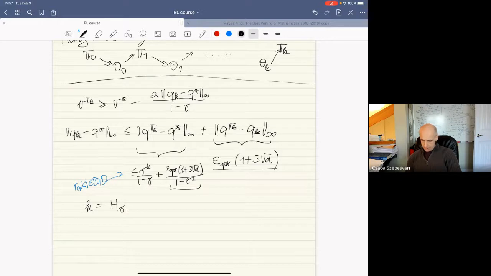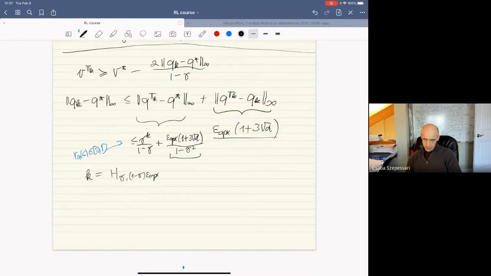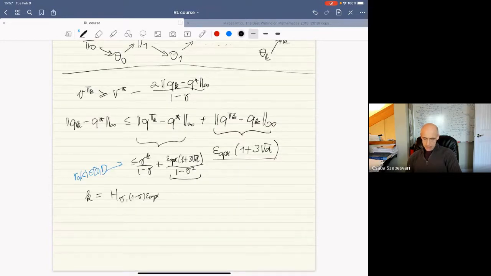We already have this term, so why not? So 1 minus gamma times epsilon approximation error. Then these guys have the same size.